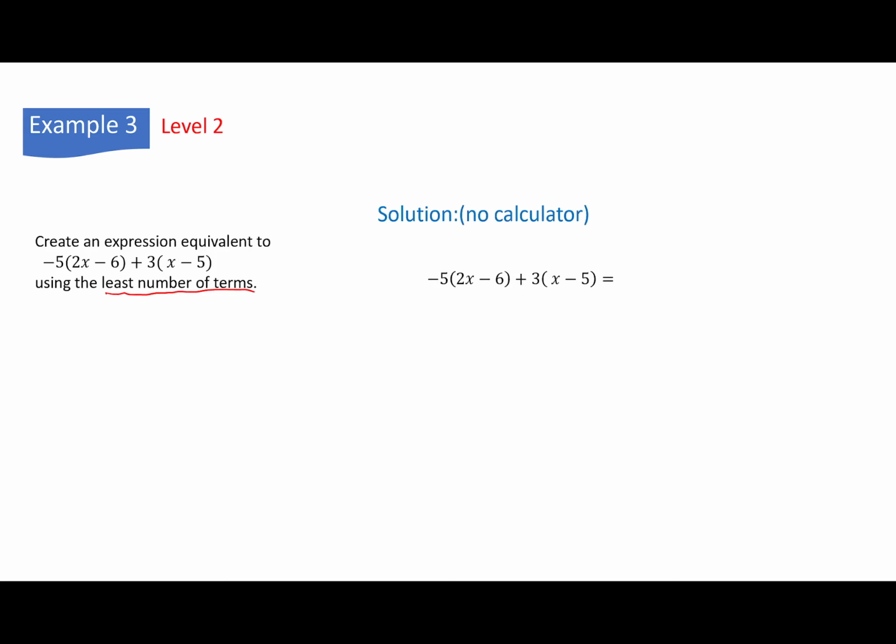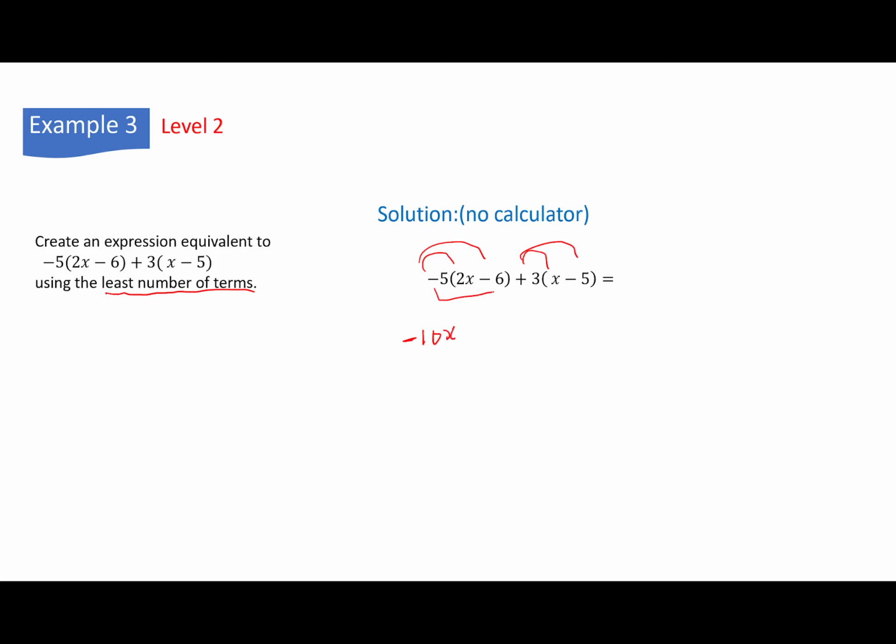Example 3. Create an expression equivalent to this expression using the least number of terms. So they want it in simplest form, okay? So let's do that. Very simple. Minus 5 times 2x. 2x is positive. Negative times positive is negative, negative 10x.